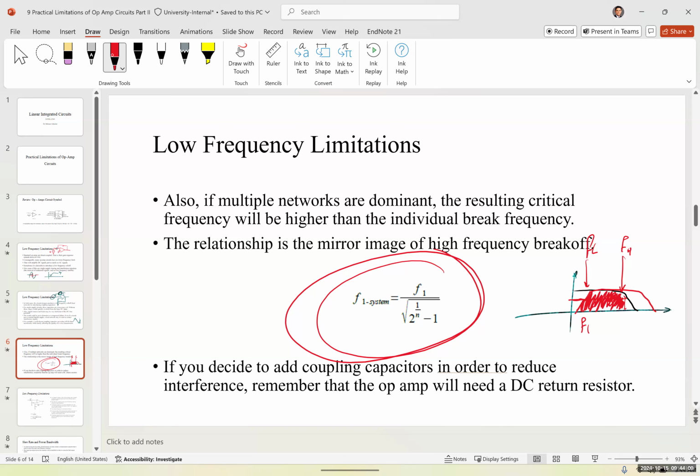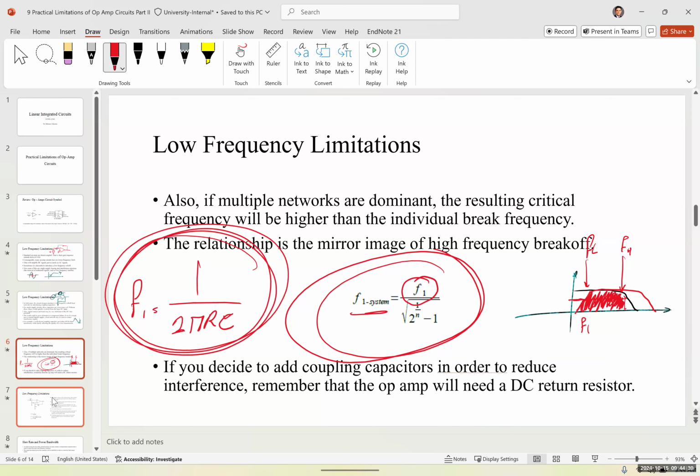And this is an example. So this F1 system is when you have multiple op amps. For a single op amp, the cutoff frequency is determined by F1. And as you know from, I think, Circuits 1, you also have it in Circuits 2 as well, the cutoff frequency is 1 over 2 pi RC.